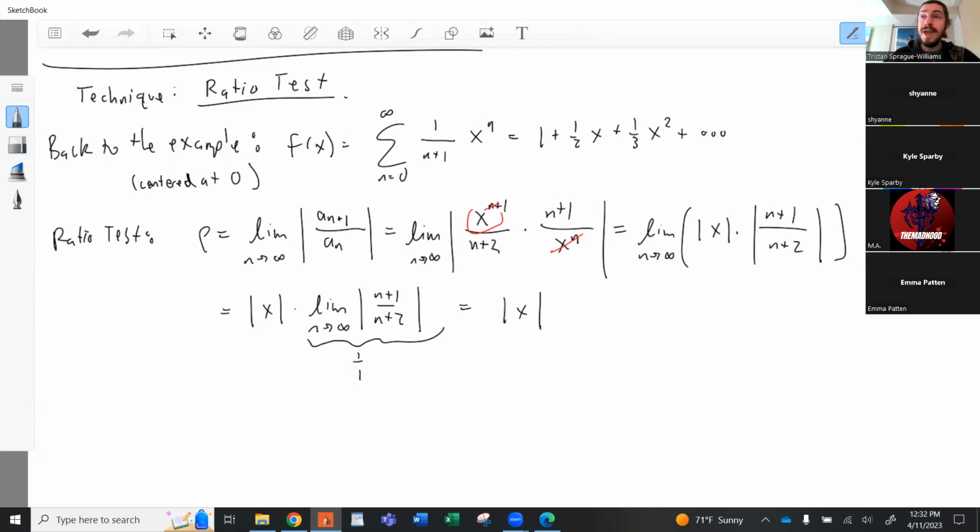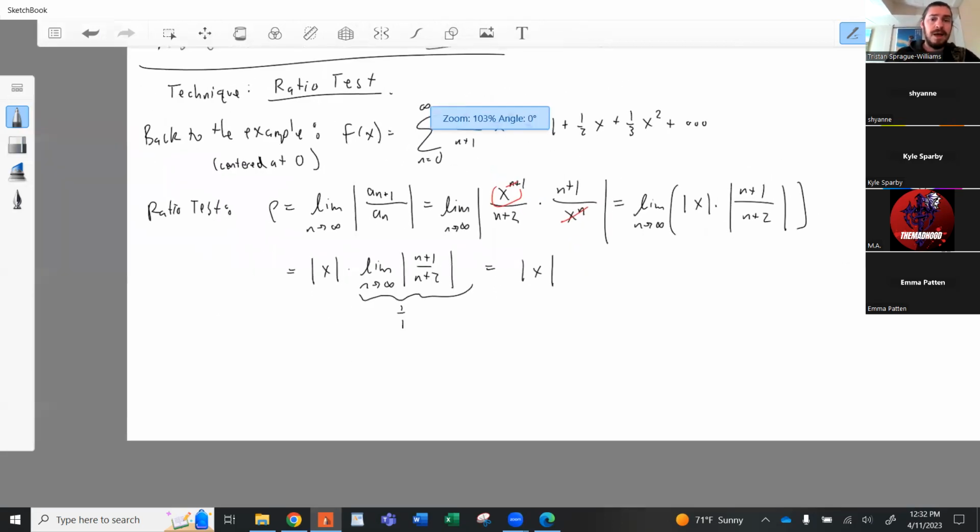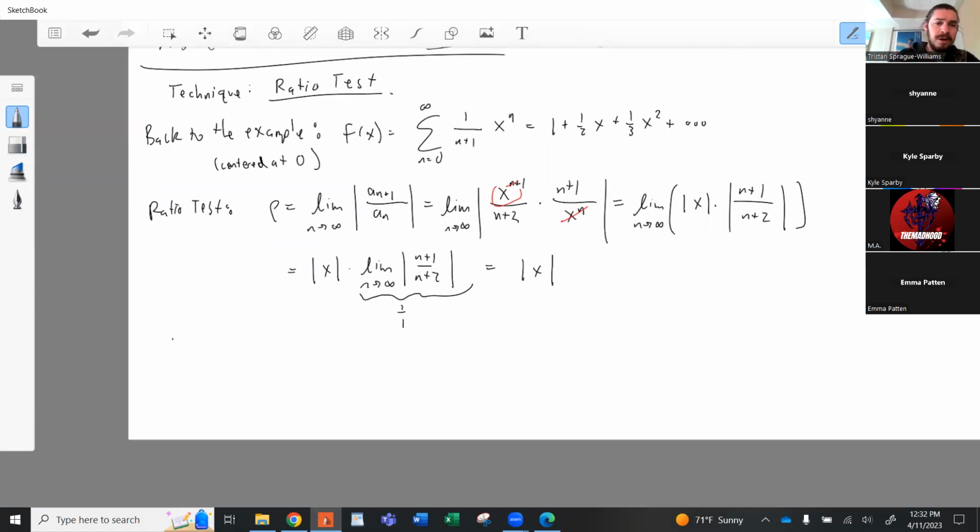So, hey, that's awesome. That's nice and simple. But what do we do with this? Well, remember that the ratio test has three results, right?